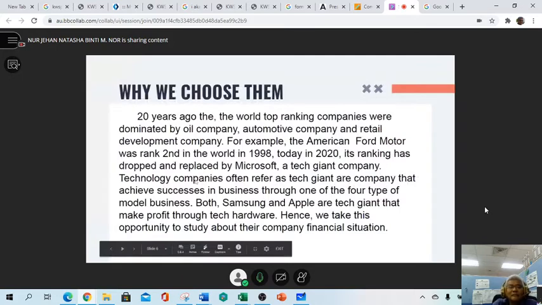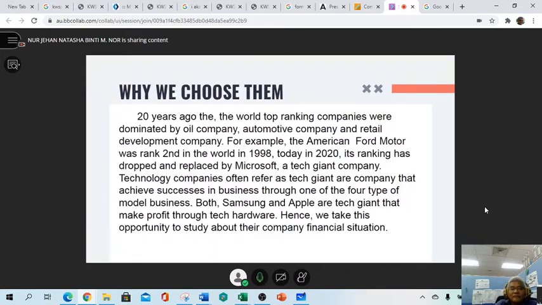20 years ago, the world's top-ranking companies were dominated by oil companies, automotive companies, and research and development companies. For example, the American Ford Motor was ranked second in the world in 1998. Today, in 2020, its ranking has dropped and been replaced by Microsoft, a tech giant.